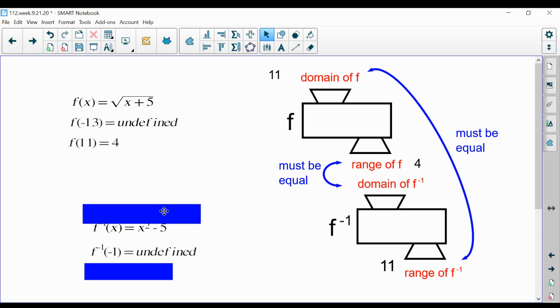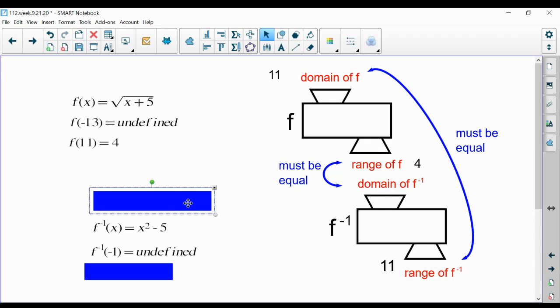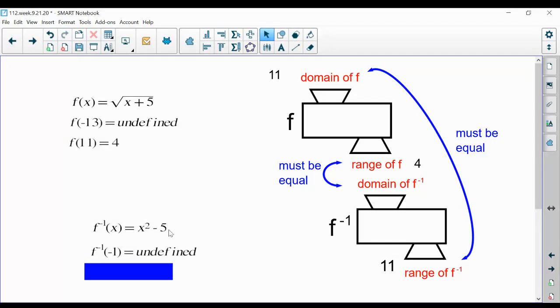For f inverse, f of negative 1 can't exist here. Not because negative 1 can't go into the parabola.